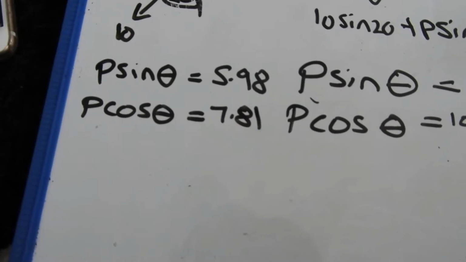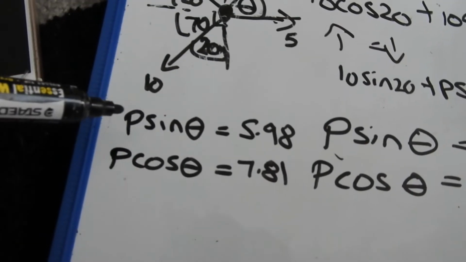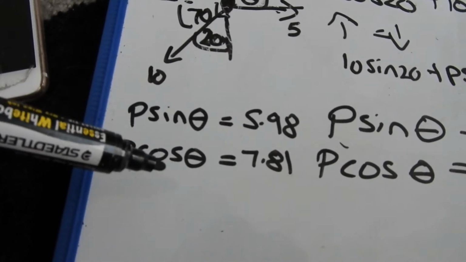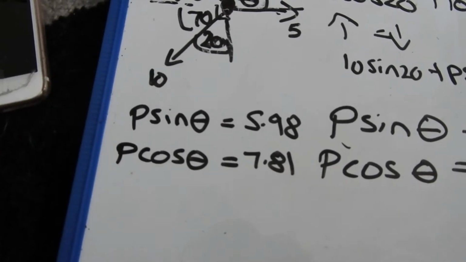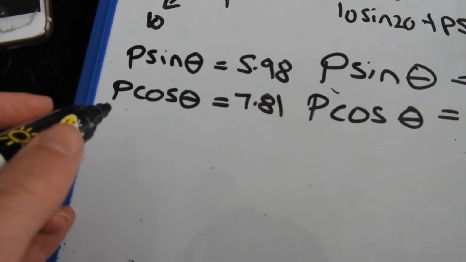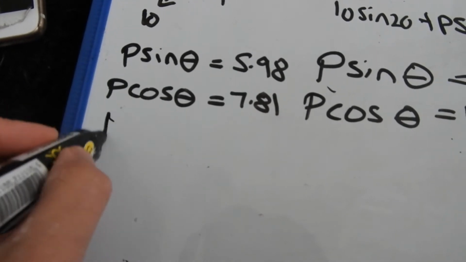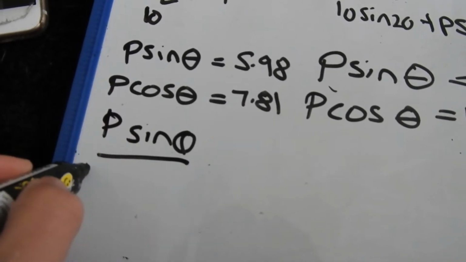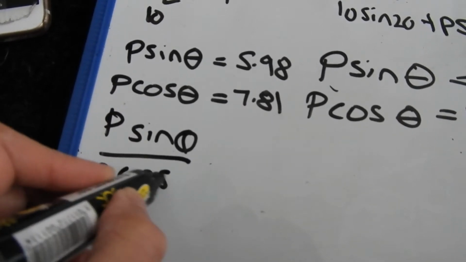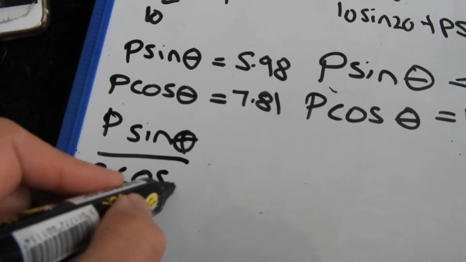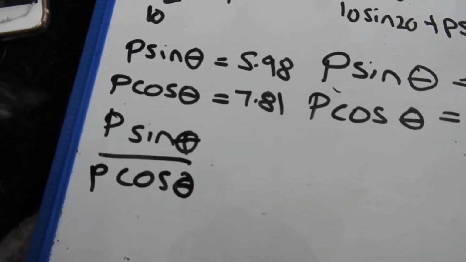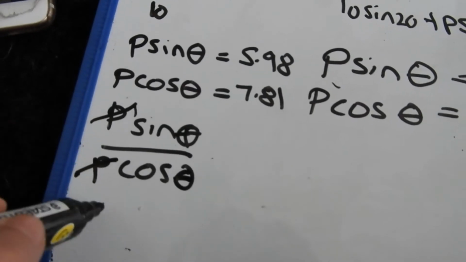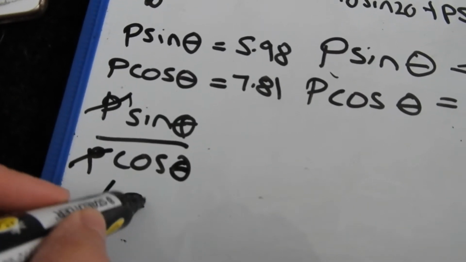So in order to do that, we're actually going to take our sine equation and divide it by our cos equation, because sine divided by cos gives us tan. So P sine theta divided by P cos theta. The P's are going to cancel, so there's one of our unknowns missing. Our sine over cos becomes tan.